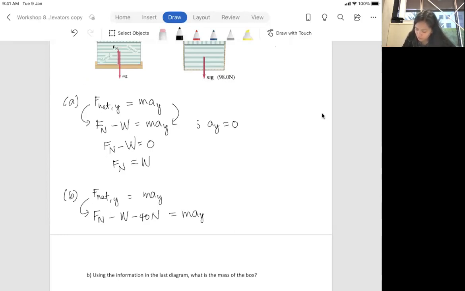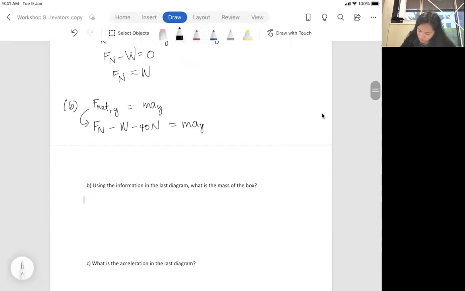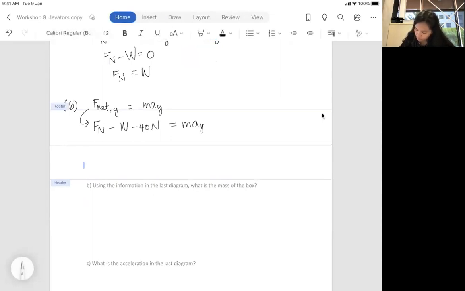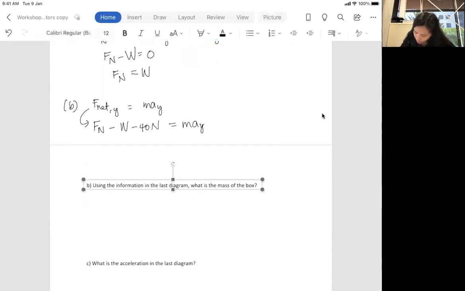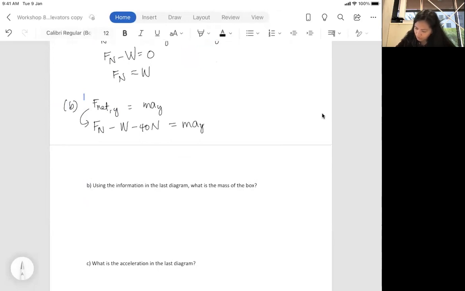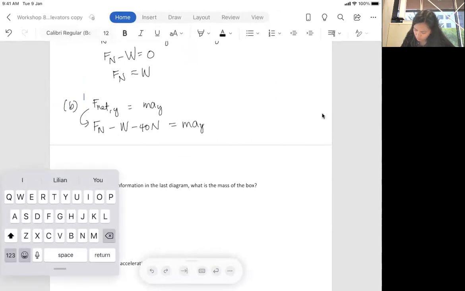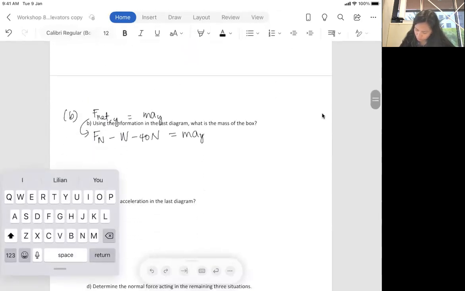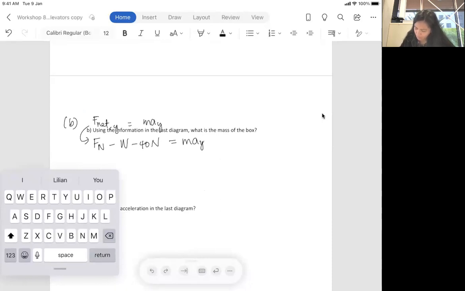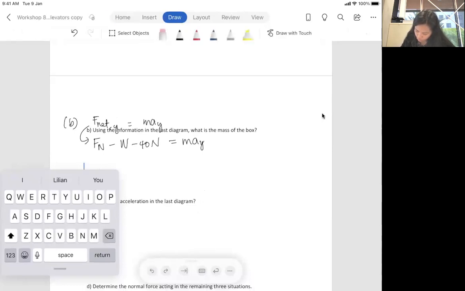Let me just put some more space here. Sorry about that. How do you remove this?